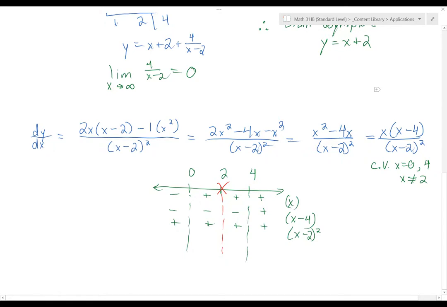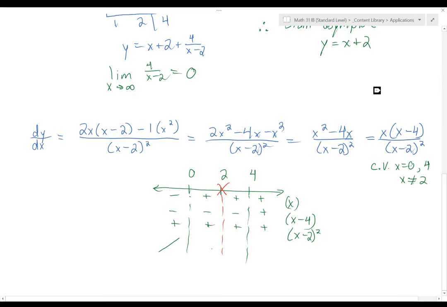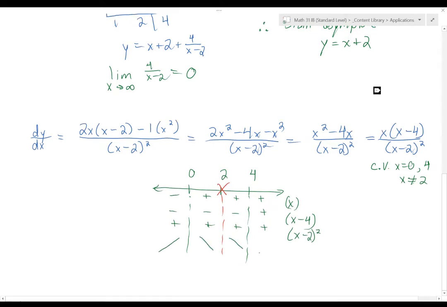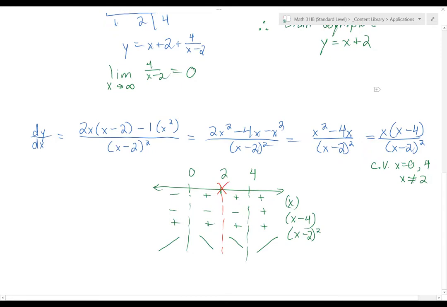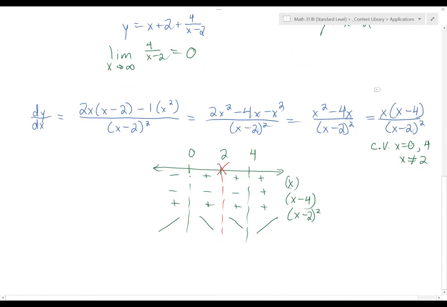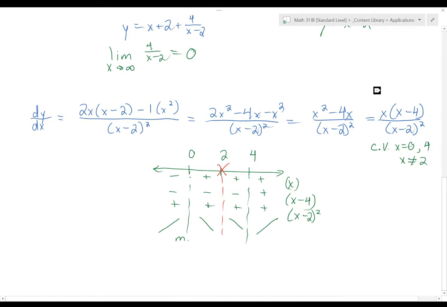So overall, my first derivative is going to be positive for values less than 0, negative between 0 and 2, negative between 2 and 4, and positive greater than 4. Notice that around 2, that matches what I was expecting based on what I knew about behavior around that asymptote. I was expecting it to be decreasing on both sides. But what this now tells me is that I have a max at x equals 0, and I have a min at x equals 4.